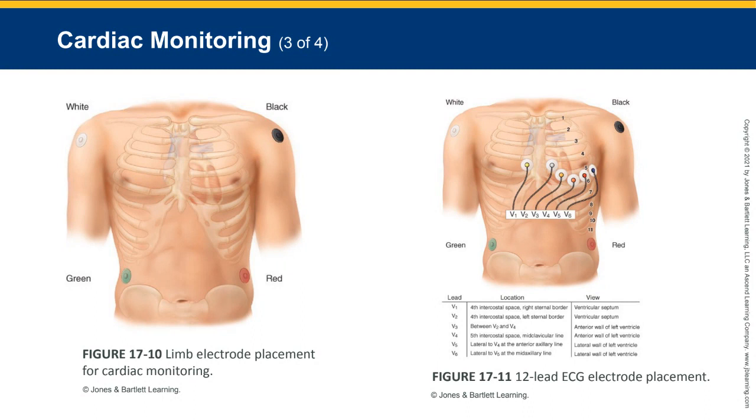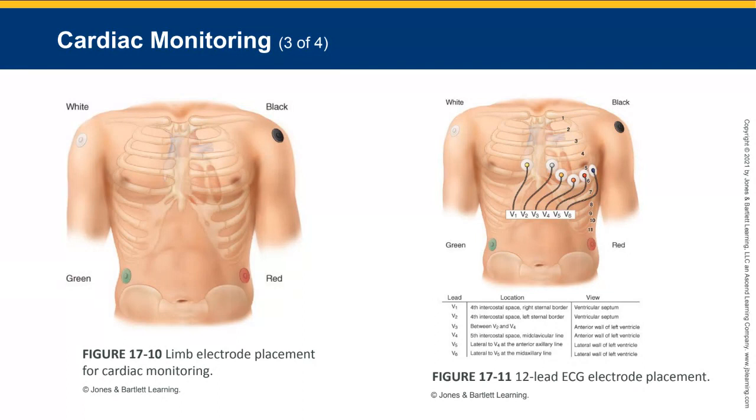On the right side, you're seeing a 12-lead ECG placement. With a 12-lead ECG, it's actually 10 electrodes, but we use those 10 electrodes to create 12 leads.